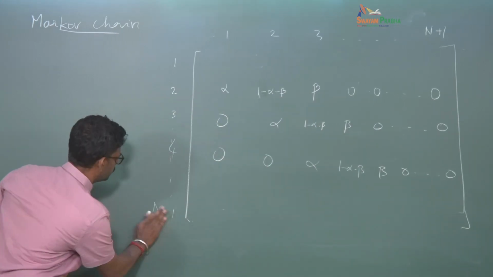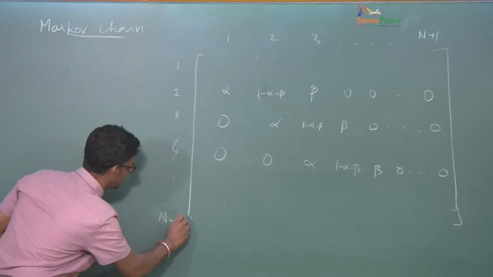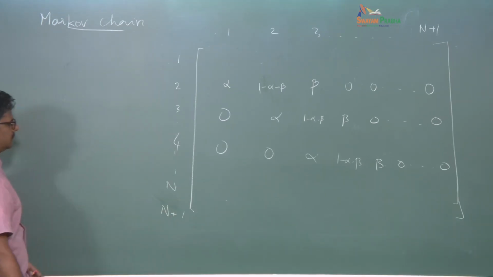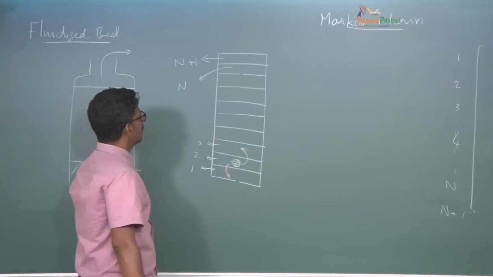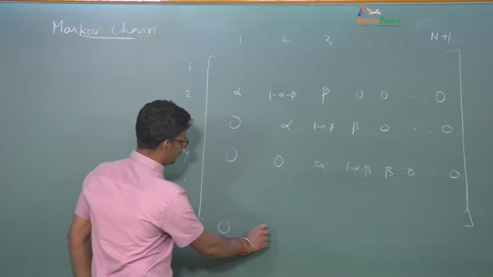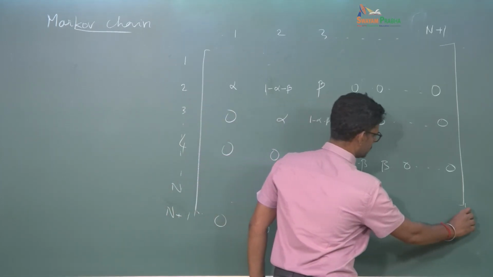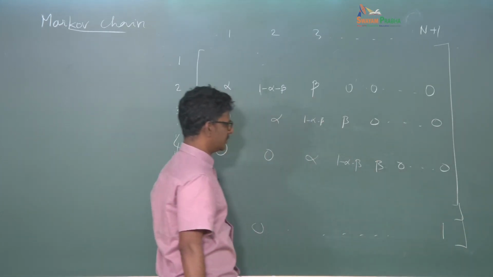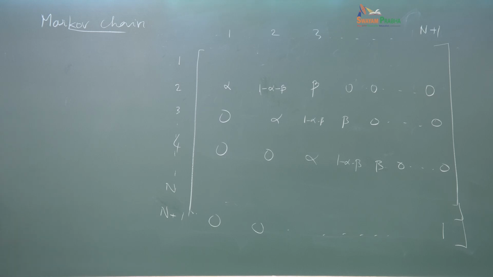So let me also put n plus 1 here and n here. All of them will be 0, 0, 0, and the last one will be just 1. If it is in n plus 1, it is not going to come back.